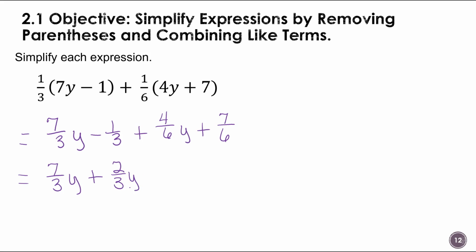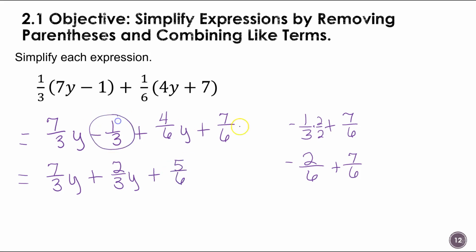This is another thing you can do. You can rearrange. I'm going to take negative 1/3 and add it to 7/6, so I need a common denominator there. I'm going to multiply this one by 2, so I have negative 2/6 plus 7/6. So here I'm going to be able to just say plus 5/6, right, because I simplified the negative 1/3 and the positive 7/6.